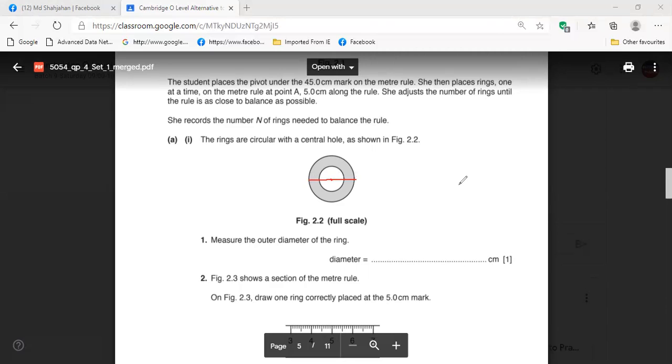Abir, did you do it this way? If you didn't, now you do. Find a center here, draw one line, take the length of that line and get the answer.